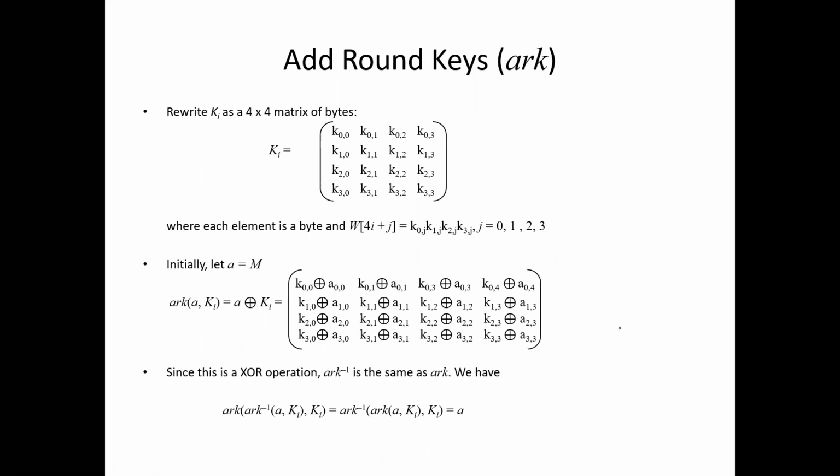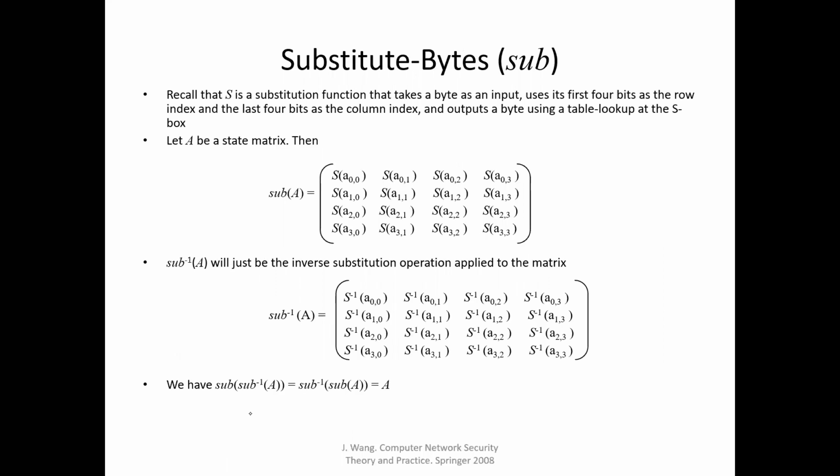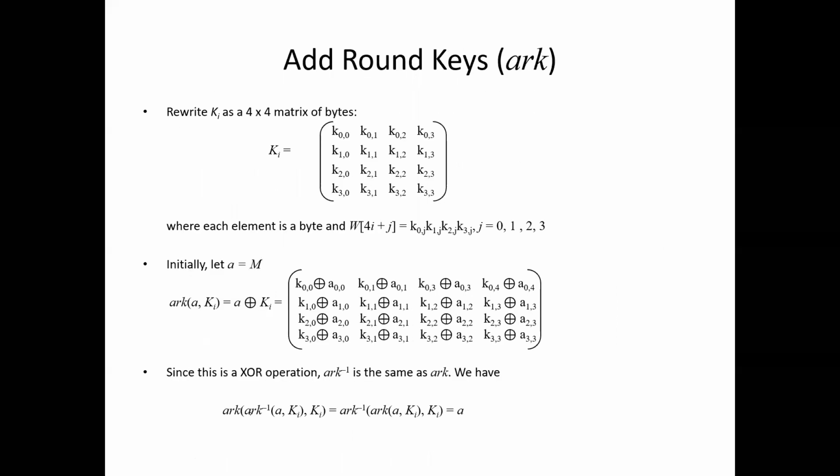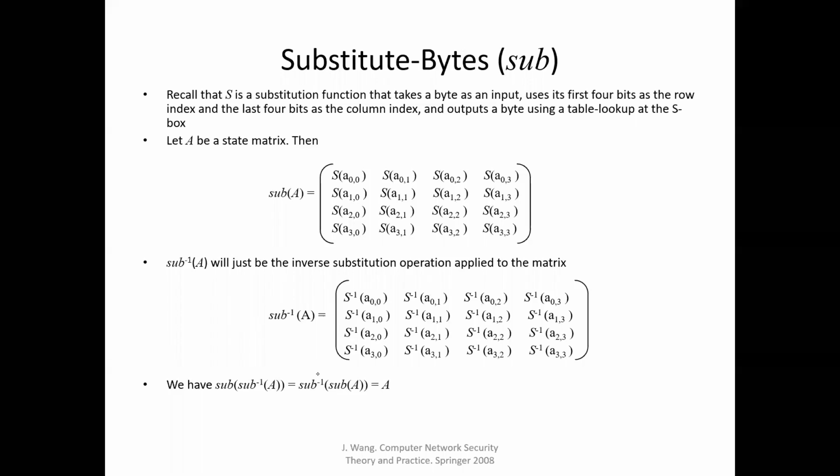Add round keys is just exclusive OR, a simple byte-wise exclusive OR. As we know, the inverse of exclusive OR is exclusive OR itself, so ARK inverse is ARK itself.